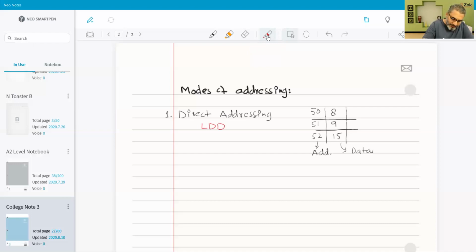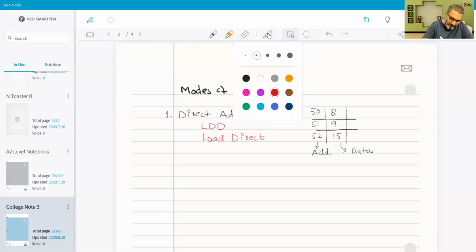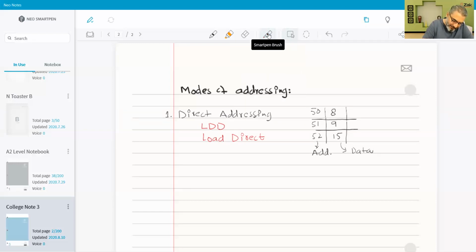LDD means load direct. Load direct from the given address. And the example of this is LDD 51.